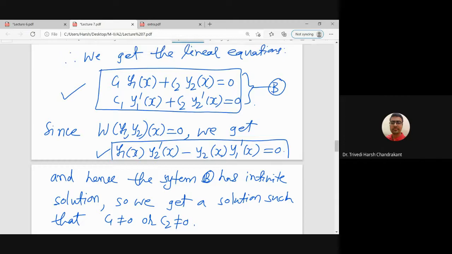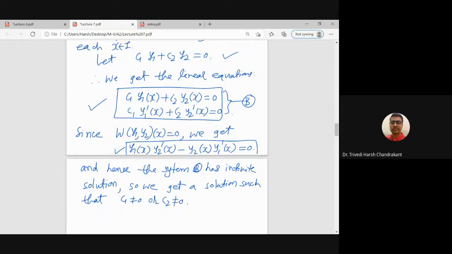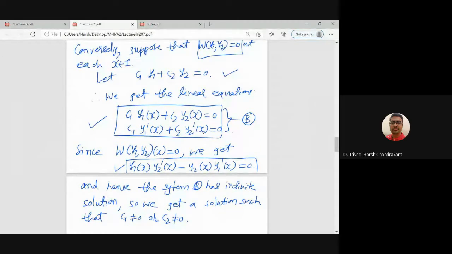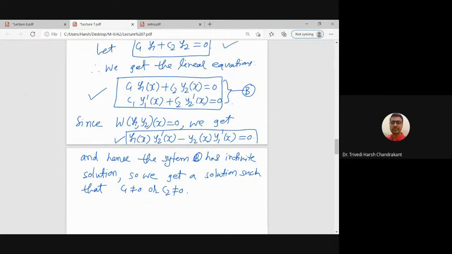Right, so that means we get a non-trivial solution of this system. And what it gives is, if C1 is non-zero or C2 is not 0, then from this condition we get y1 and y2 are LD.